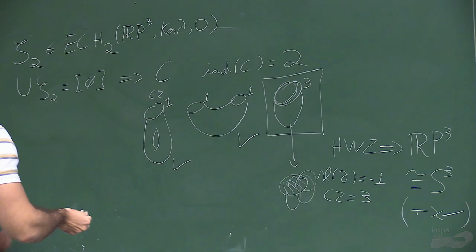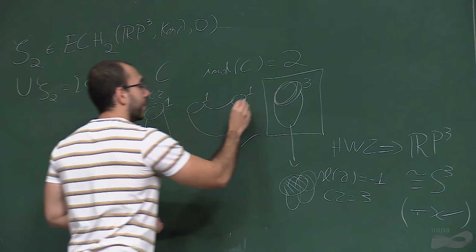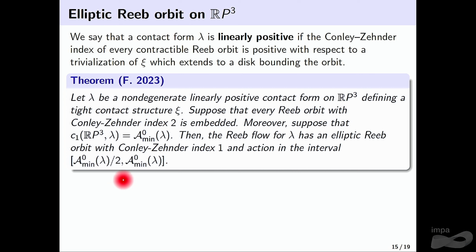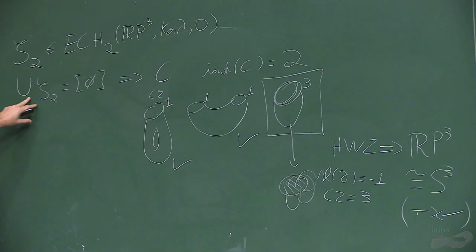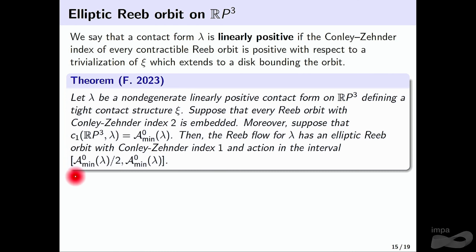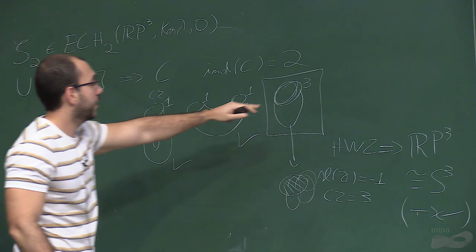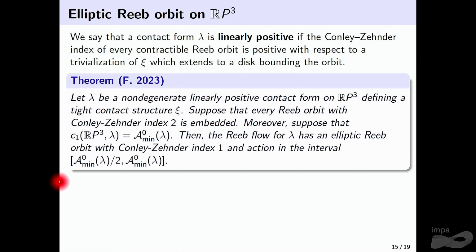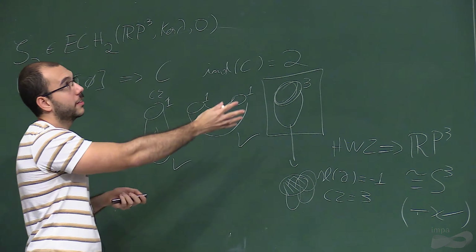So one of these orbits is elliptic and exists, and the action is just because C1 is defined by the minimum that you can find a class that when you apply U to this, you recover the empty set. So these guys have action A0 mean, so it could be A0 mean over 2, for instance here, but it could be the full A0 mean.